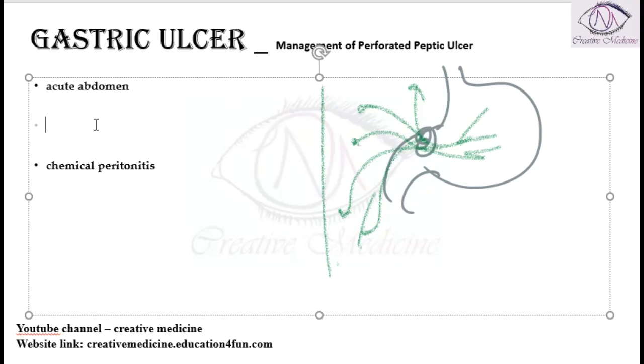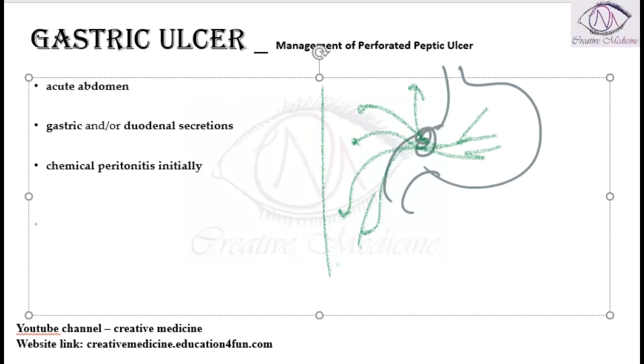So gastric and duodenal secretions will result in chemical peritonitis. Okay, first initially there is chemical peritonitis.